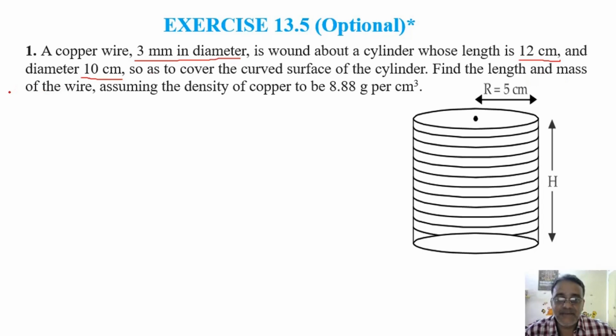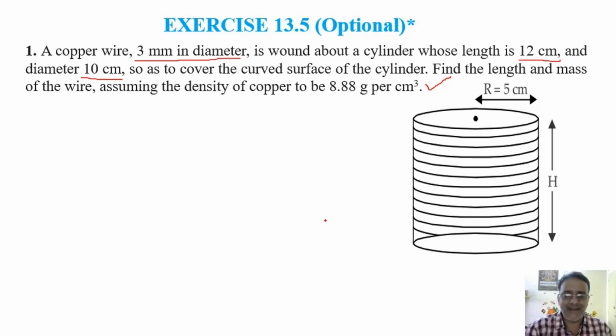Find the length and mass of the wire, assuming the density of copper to be 8.88 gram per centimeter cube. Here the value of pi is not given in the question. So what value will you take? 22 by 7.